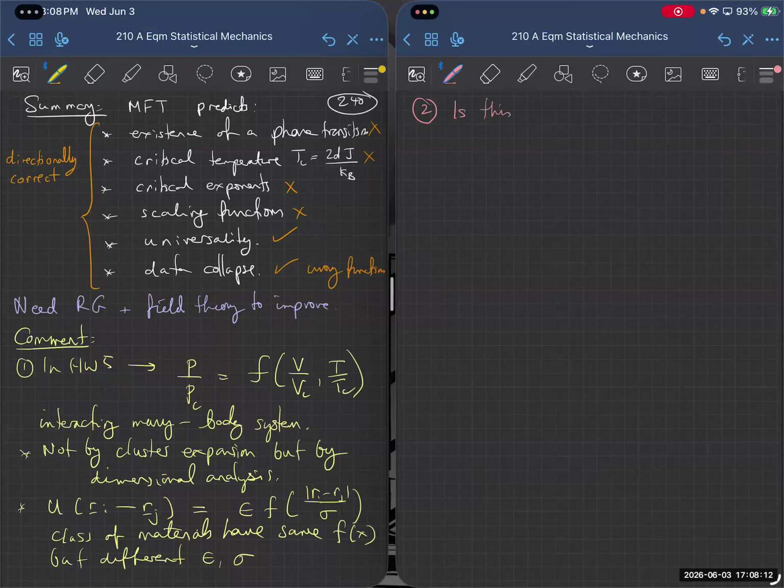Is this data collapse? And the answer is no, it's not. Okay. Why isn't it the data collapse that I've been talking about in this lecture?